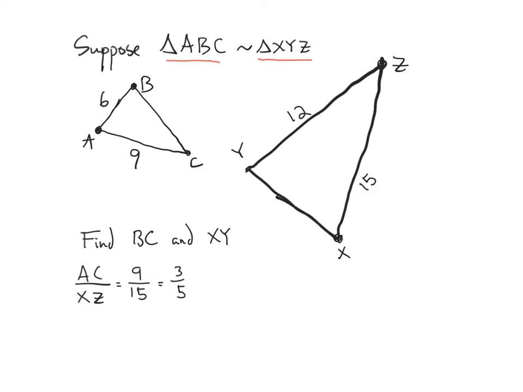So the side lengths of triangle ABC are 3/5 the length of the side lengths of triangle XYZ. Okay, that's great.